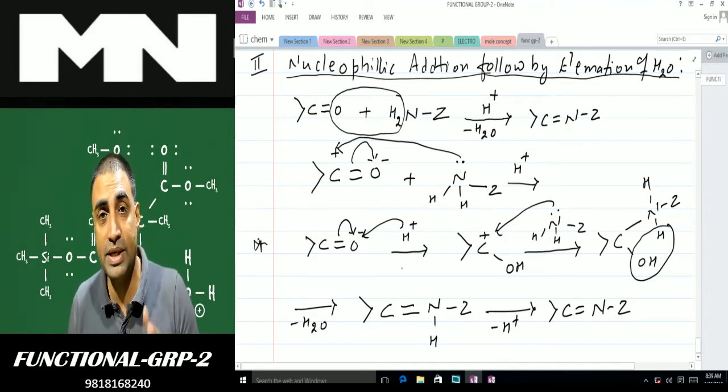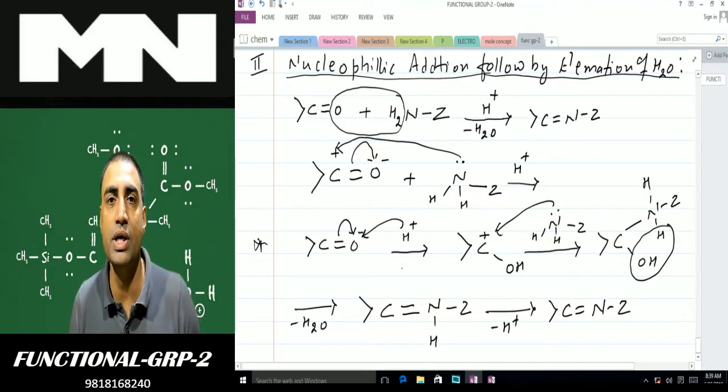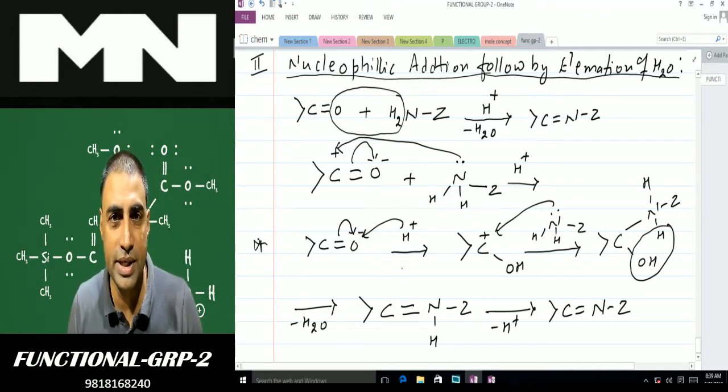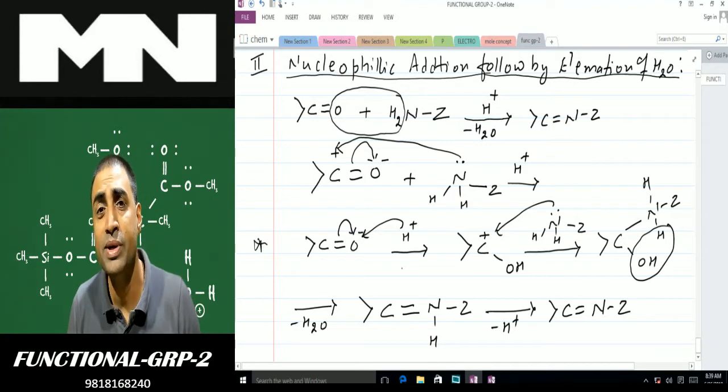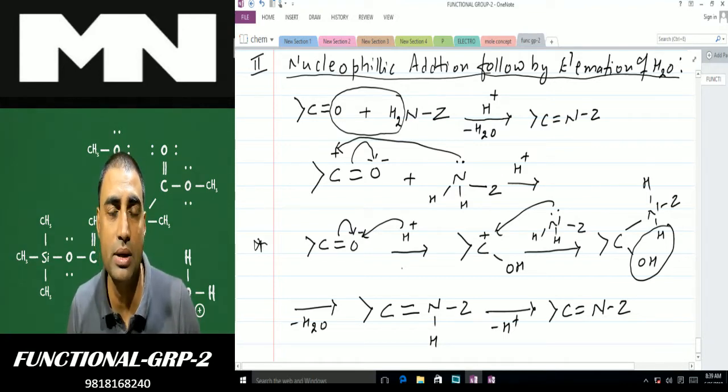Again, I'm dictating the answer to this question. Many a time the question is asked why, during nucleophilic addition followed by elimination of water molecule of aldehydes and ketones, slightly acidic pH is maintained. The answer is the nucleophiles in these reactions are ammonia derivatives. They are not negatively charged, so they are weaker nucleophiles.